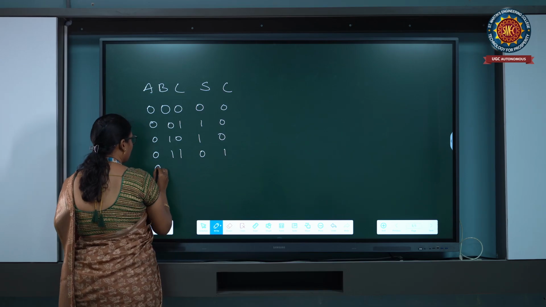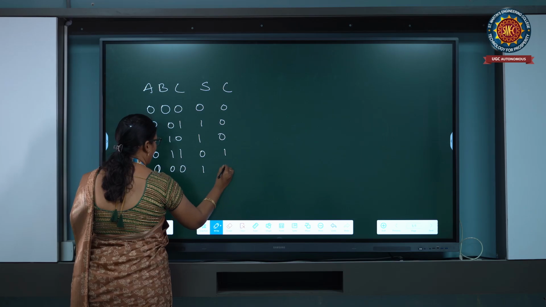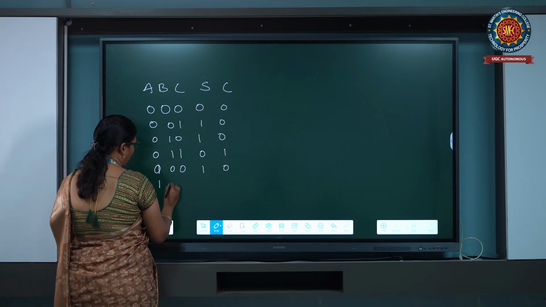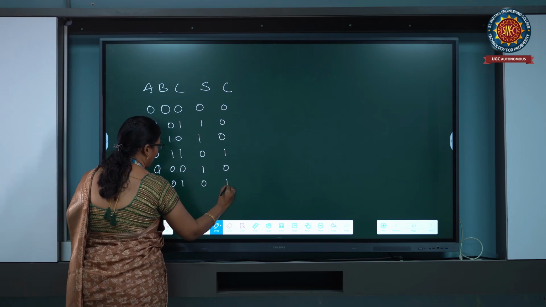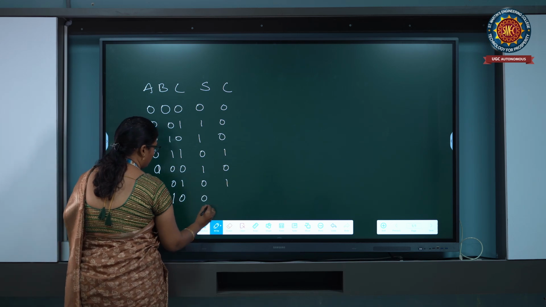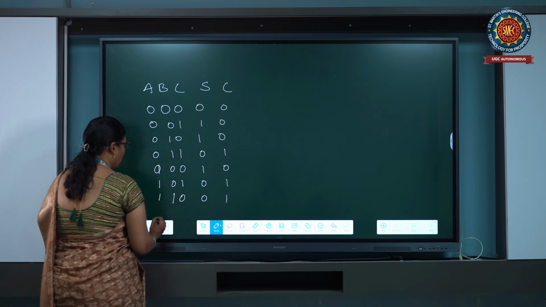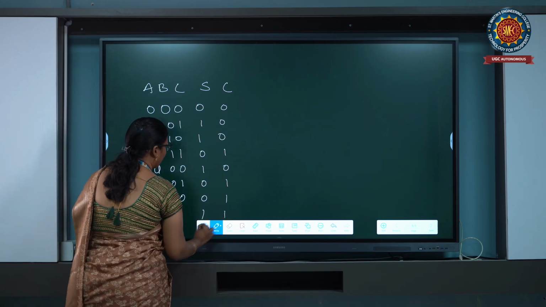When it is 1, 0, 0, sum is 1 and carry is 0. When it is 1, 0, 1, sum is 0, carry is 1. When it is 1, 1, 0, sum is 0 and carry is 1. When it is triple ones, the sum is 1 and carry is 1.